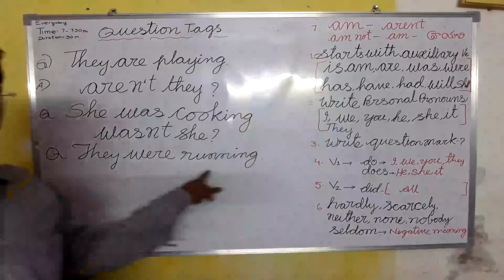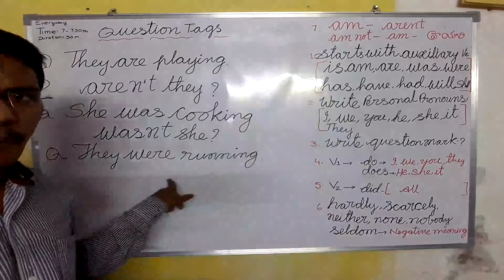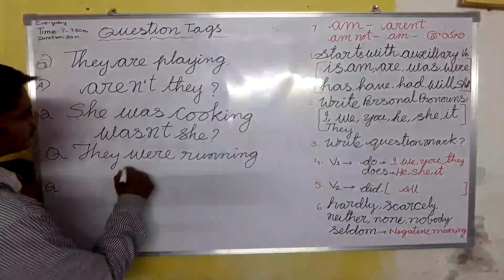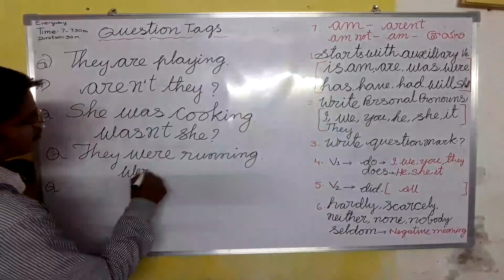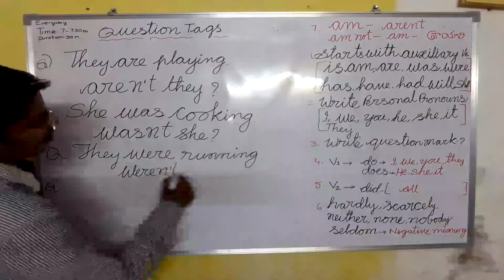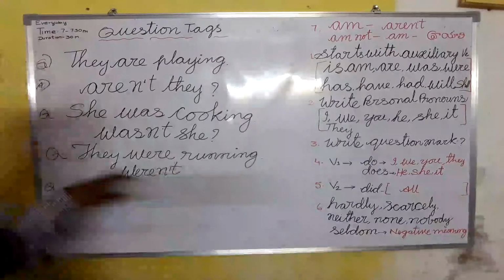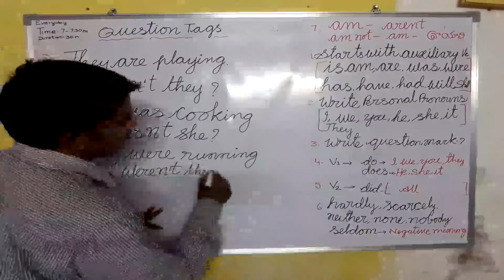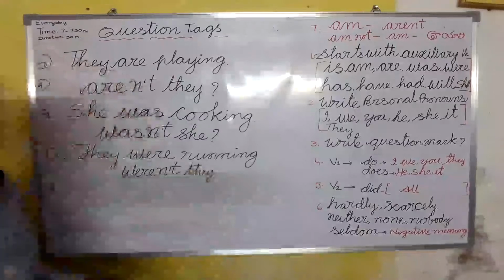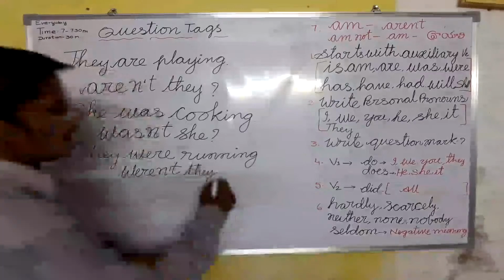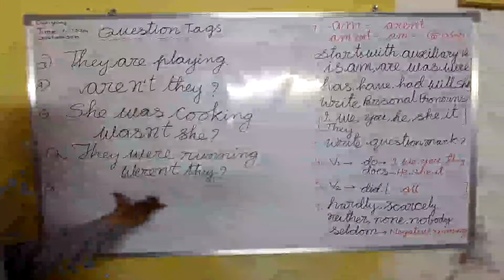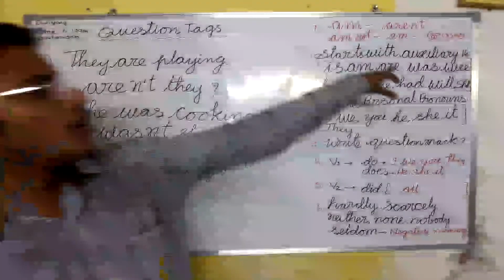Is it positive or negative? Positive, so it should be negative. Weren't. Next, they. The personal pronoun they should be used. Weren't they? Next, question mark. So this is the question tag that we have to follow.